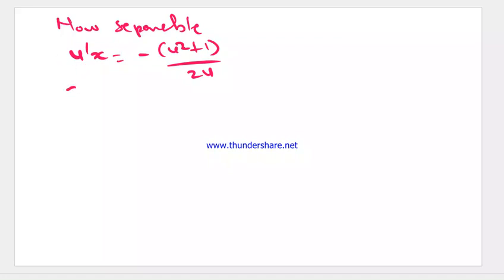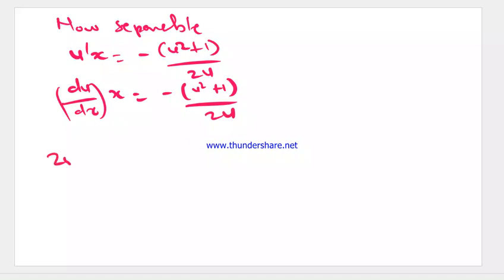So it means du/dx times x is equal to minus u square plus 1 all over 2u. Let's collect the like terms now: 2u du over u square plus 1 is equal to minus dx over x. So we have now collected the like terms. It's now separable. That's what we actually mean.